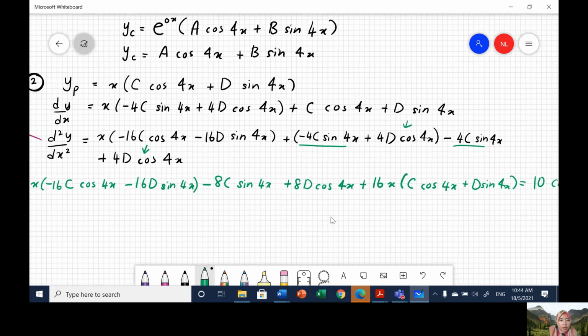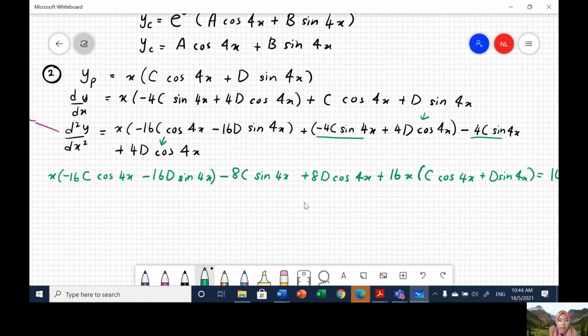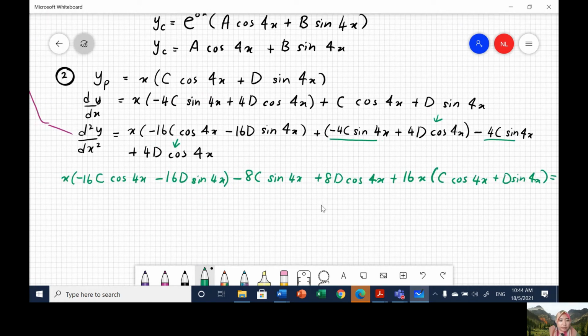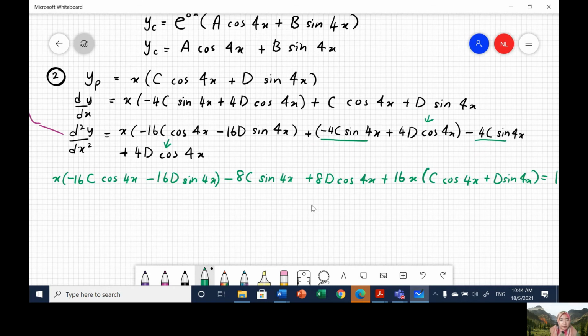Now let's look at, is there any part that we can combine? When we open this bracket, this is actually x, right?